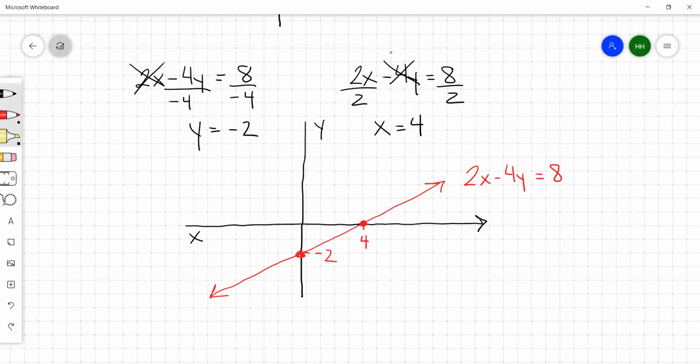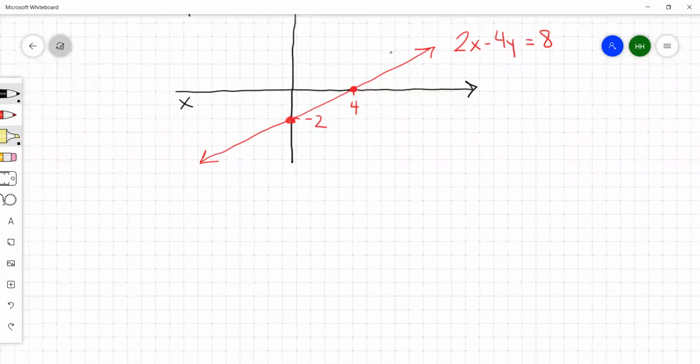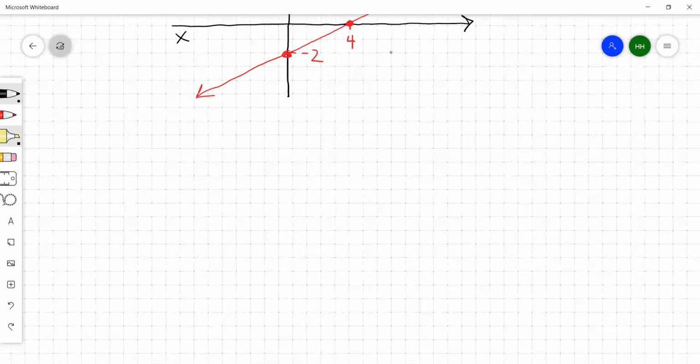All right, so if you don't have any questions, your practice for today: page 86 in your handout, 1 through 5, and then we got 10 through 31.